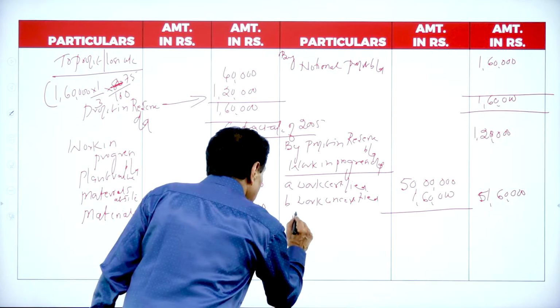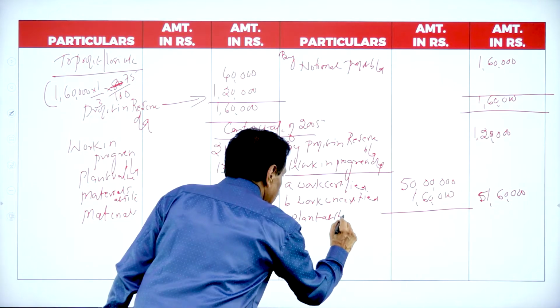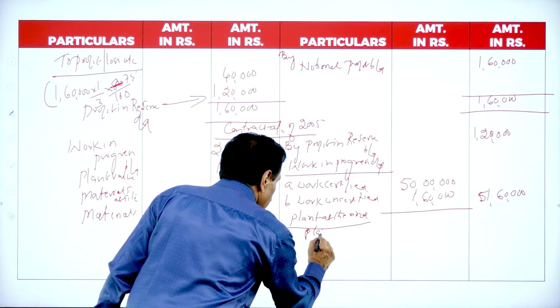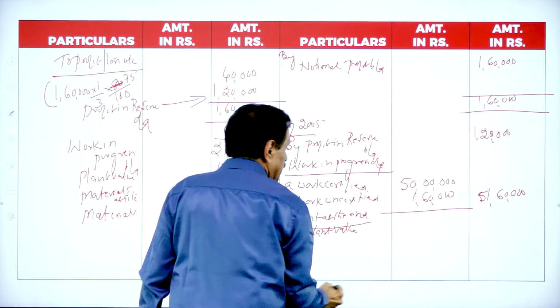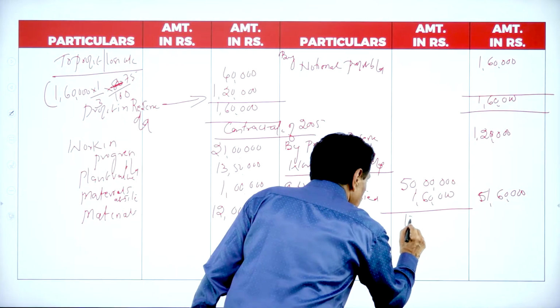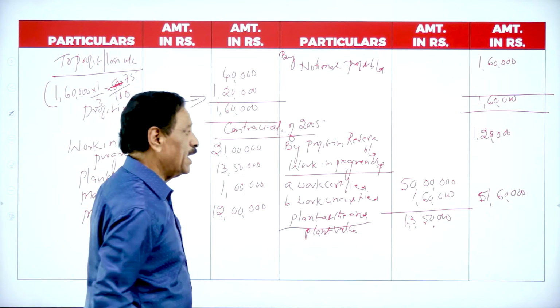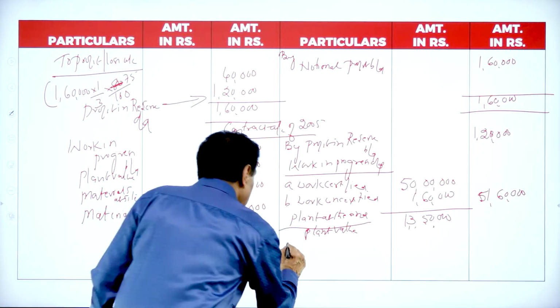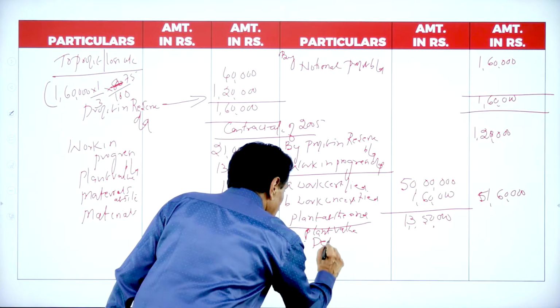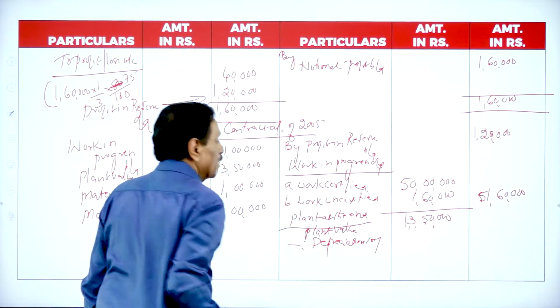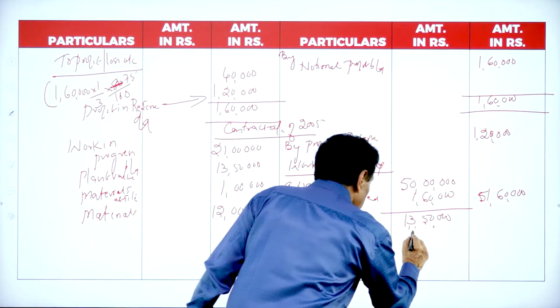Plant at the end. Plant value 13,50,000 minus depreciation 10%, 1,35,000.